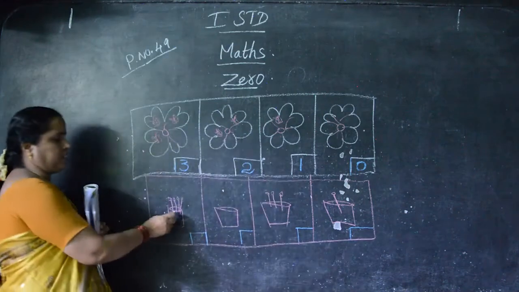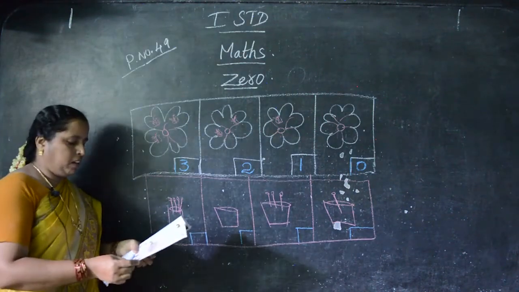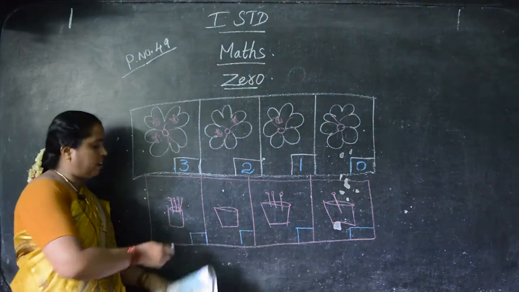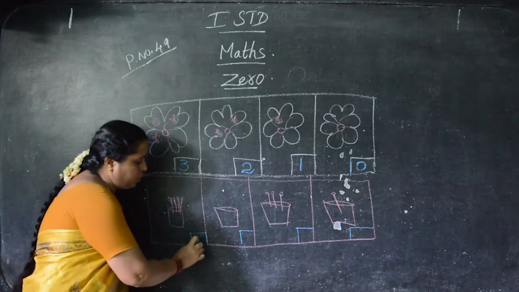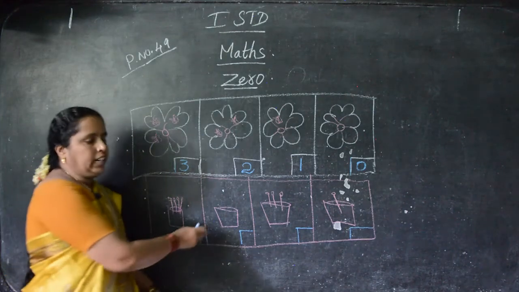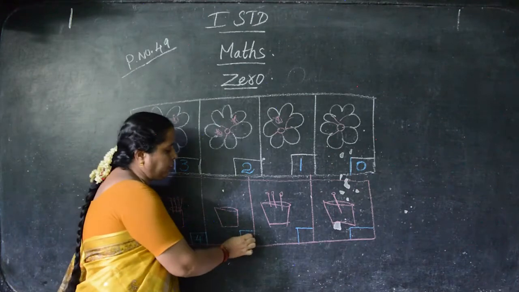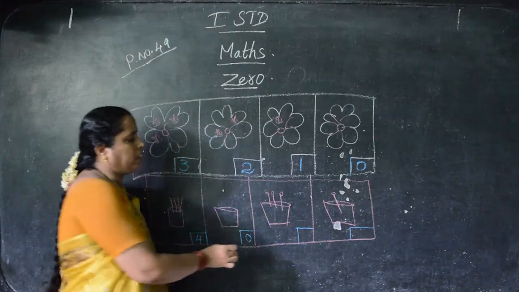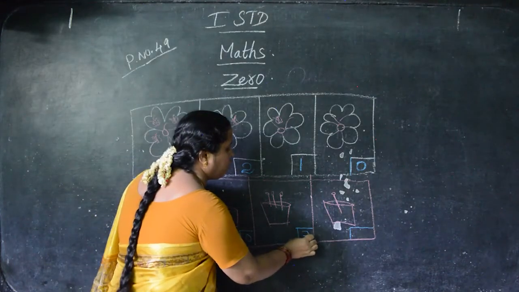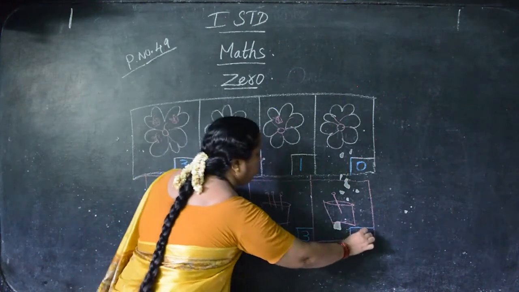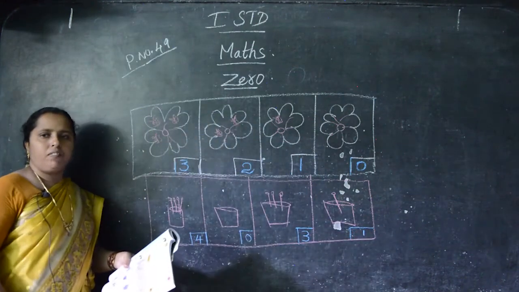See here, in the first glass, how many pencils are there? 1, 2, 3, 4. So write here 4. In the second, no. So that is 0. In the third, 3 pencils. You should write 3. In the fourth, 1 pencil. Okay?